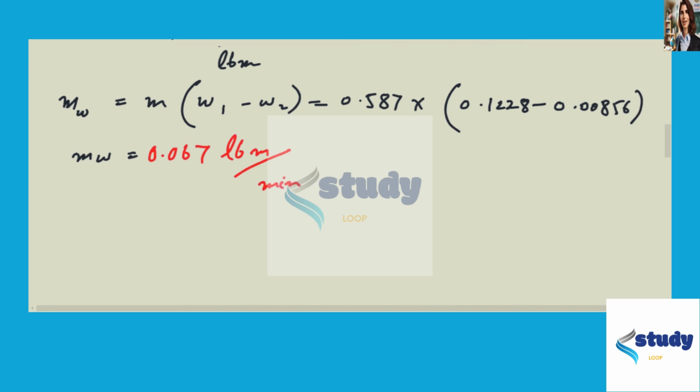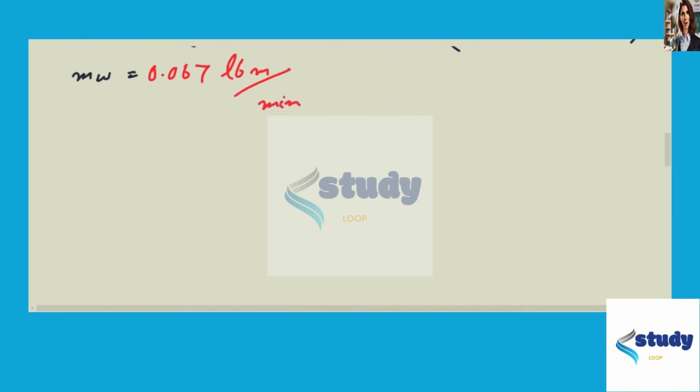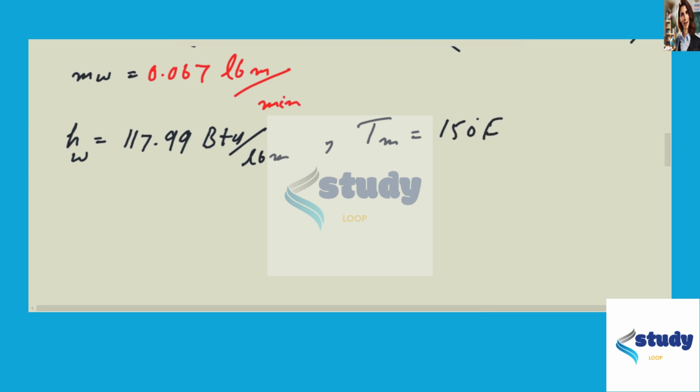Finally, we use the energy balance equation to calculate the heat transfer rate. For the calculation we will also need the enthalpy of condensed water, Hw, equal to 117.99 BTU per lbm, and the mean temperature, Tm, equal to 150 degrees Fahrenheit.